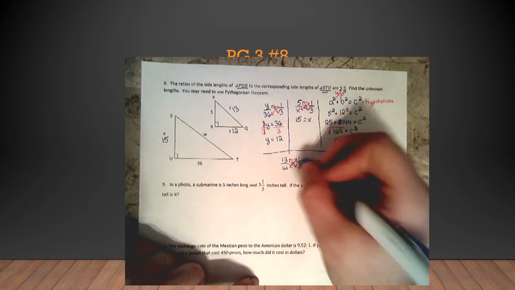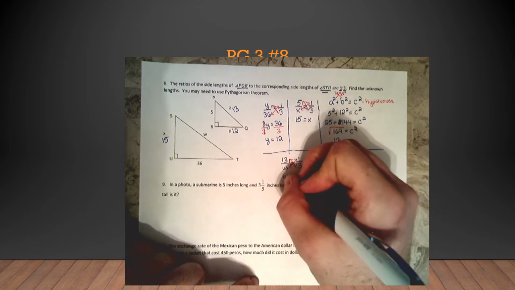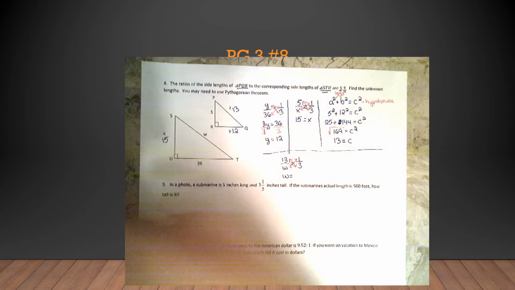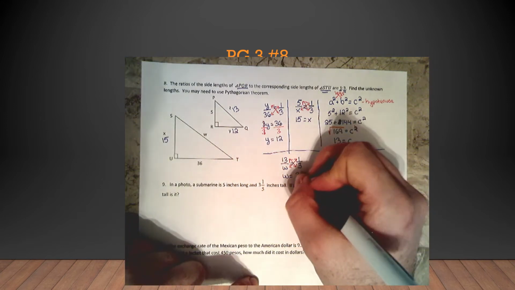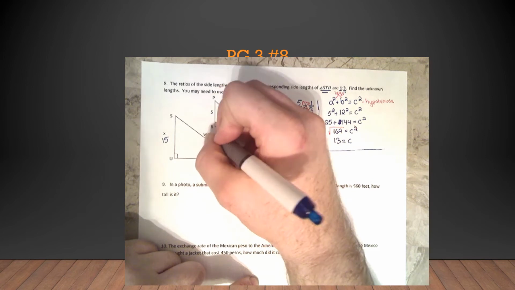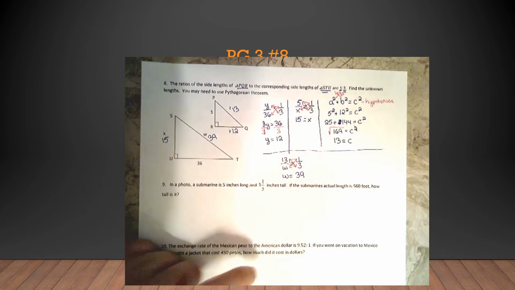W times 1 is still W, and then 3 times 13 is 39. So the length of W would be 39.